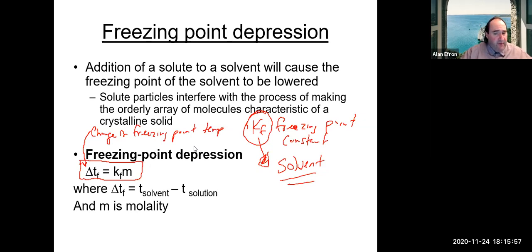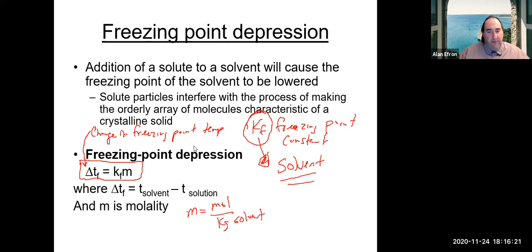If some other solvent is used, then obviously you want to look that up. Sometimes people run into trouble because they try to look up the value for the solution they're dealing with, and they won't find it. So again, it's the solvent. And m here is our molality that we were just talking about, which is moles per kilogram of solvent.